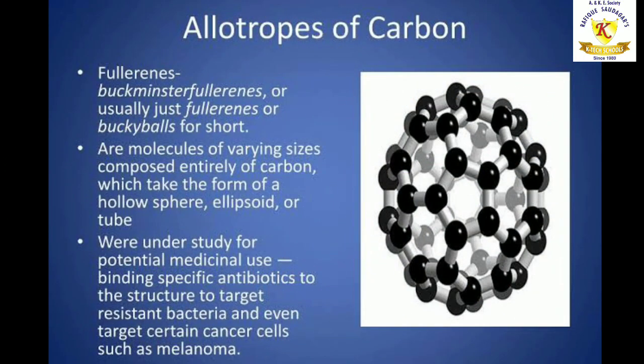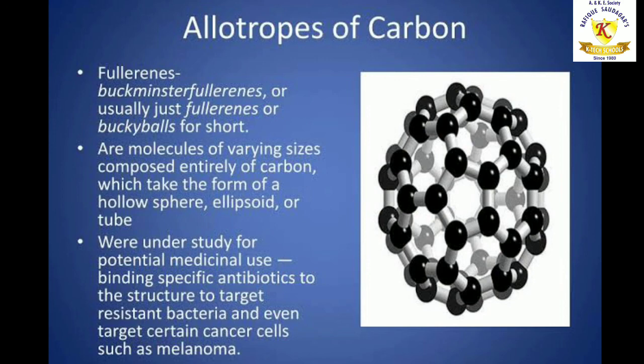Allotropes of carbon, the next one is fullerene, Buckminster fullerenes or usually just fullerenes or buckyballs for short. These are molecules of varying sizes composed entirely of carbon, which take the form of a hollow sphere, ellipsoid or tube.